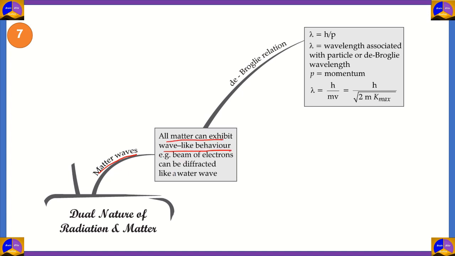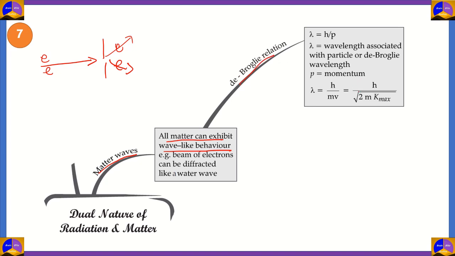For example, if you have a beam of electrons and you put in a slit in between them, then you find that the electrons diffract. So therefore there is some wave nature in matter as well, besides the particle nature. And this wave nature is given to you by de Broglie's relation.